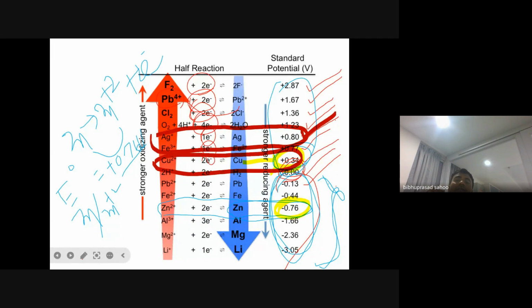But silver possesses more reduction potential, that is 0.80, and copper possesses less, that is 0.34. So copper becomes anode and silver becomes cathode. The same copper, which was cathode with zinc, becomes anode with silver. Got it, student?